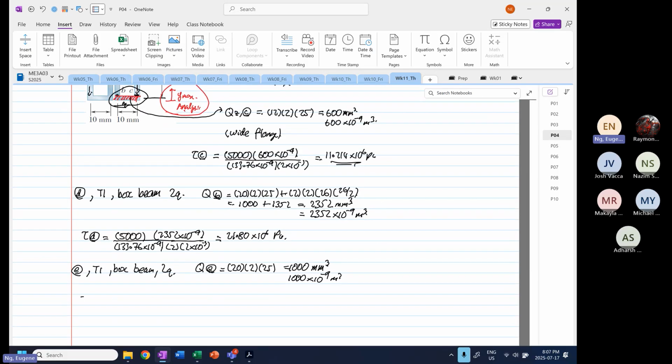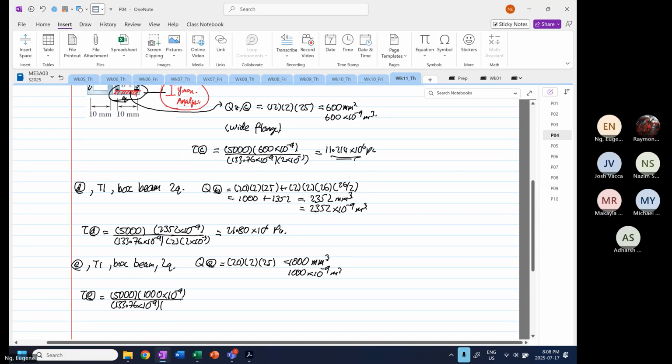Then at point E, the shear stress is equal to 5,000 multiplied by 1,000 times 10 to the power minus 9, divided by 133.76, left and right thickness, right? Because 2Q over here, that's why you have to divide by 2 over there. So 5,000 times 1,000 times 10 to the power minus 9, divided by 133.76 times 10 to the power minus 9, divided by 2, divided by 2 times 10 to the power minus 3 is equal to 934.